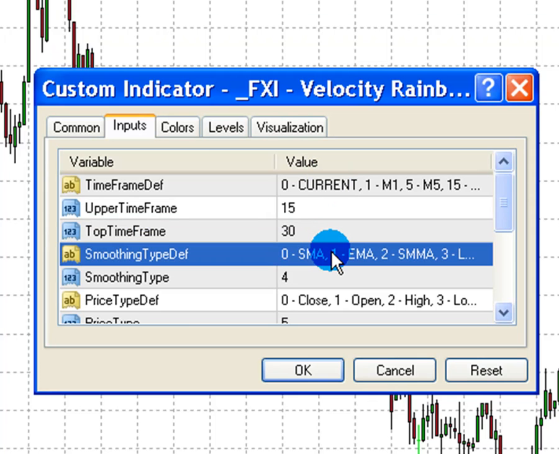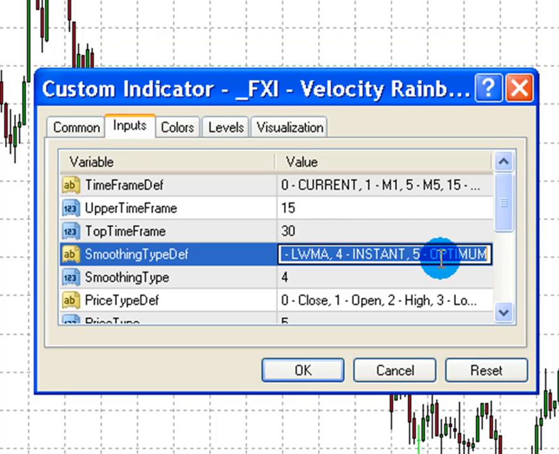The smoothing type is what kind of averaging we're going to take over these bars, the definition of which is in smoothing type def. And you can see that we have a number of alternative options. 4 is the instant option, which uses the instant trend line, which is a low pass filter on the data that uses some digital signal processing to create very reactive and low latency moving averages.